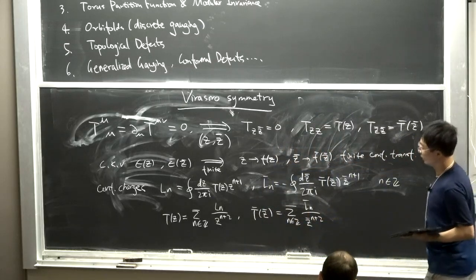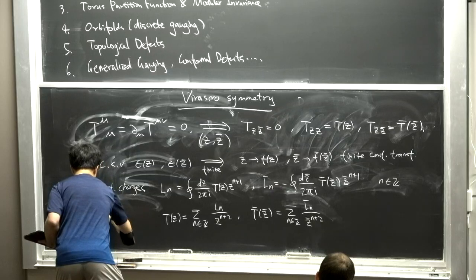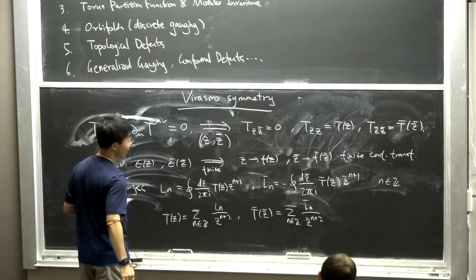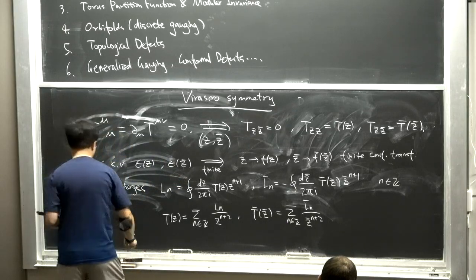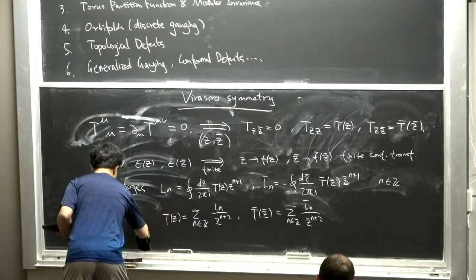And as we'll see, these conformal charges are the generators of this enhanced conformal symmetry. For that reason, they're also known as Virasoro generators.